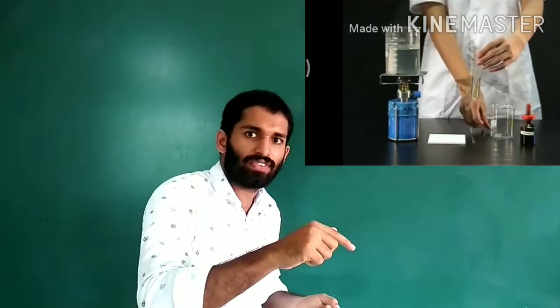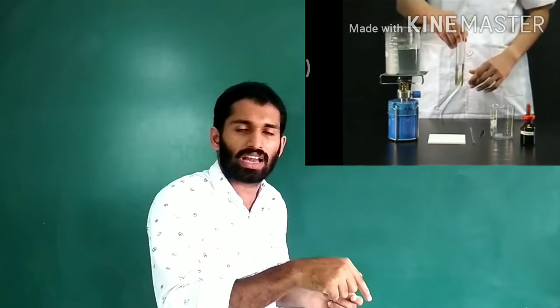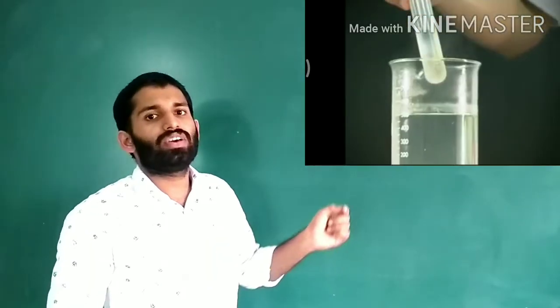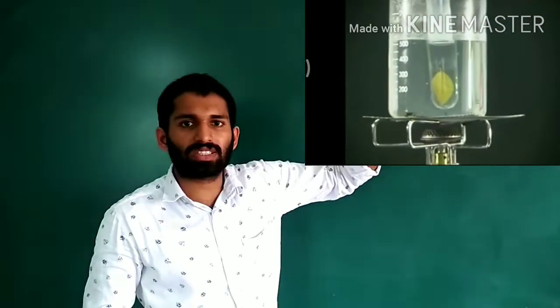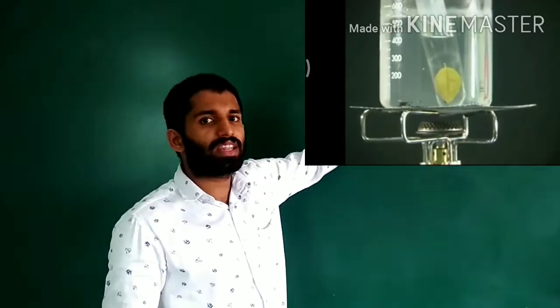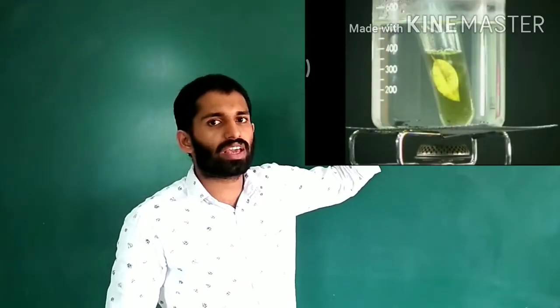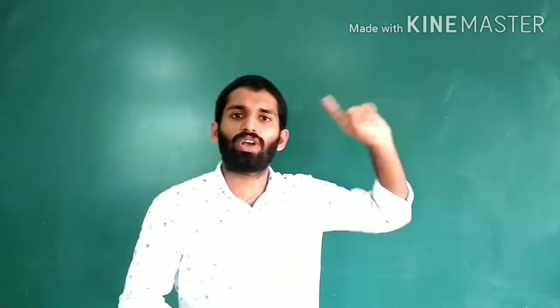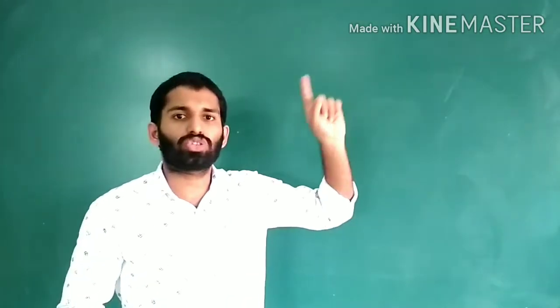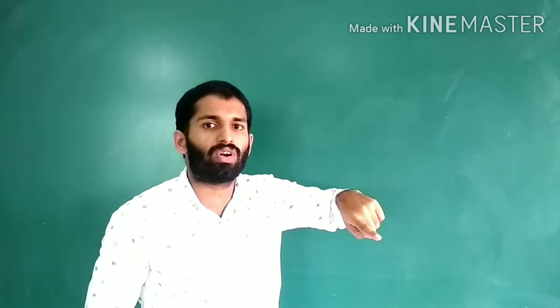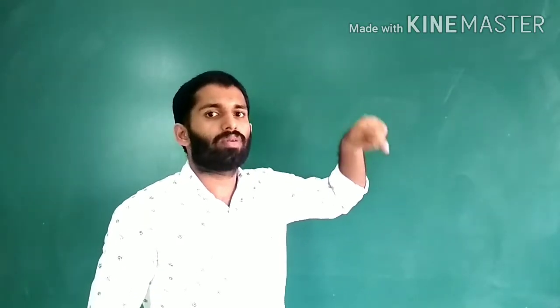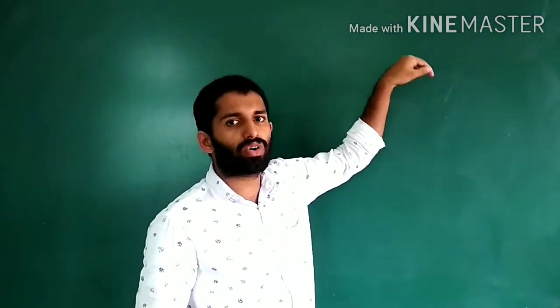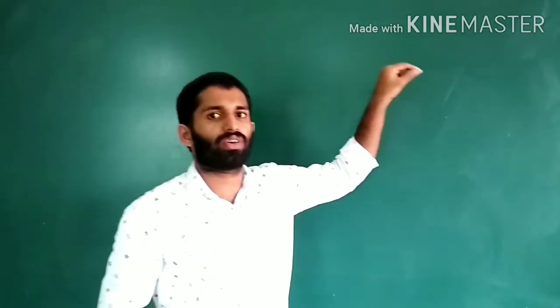Keep the leaf in the test tube containing alcohol, and keep this test tube in the boiling water. You should not heat or boil alcohol directly. You should heat it by placing it in hot water or boiling water.